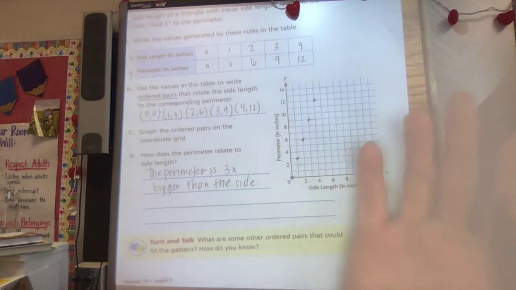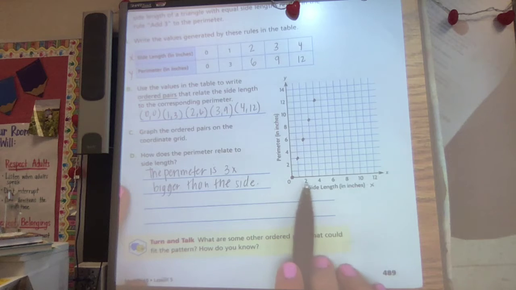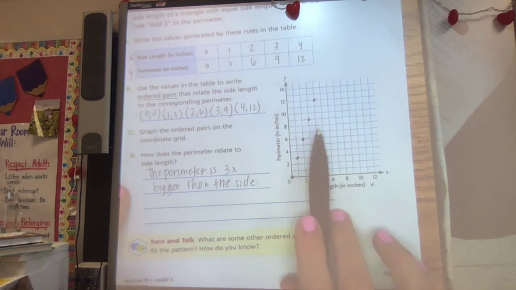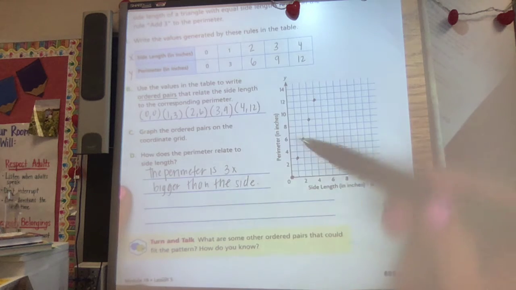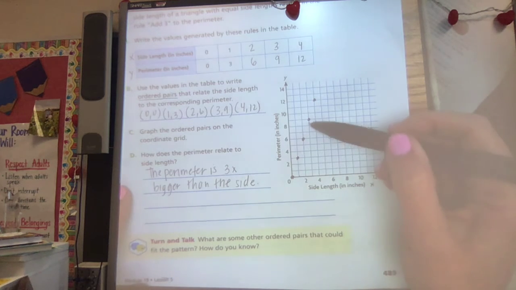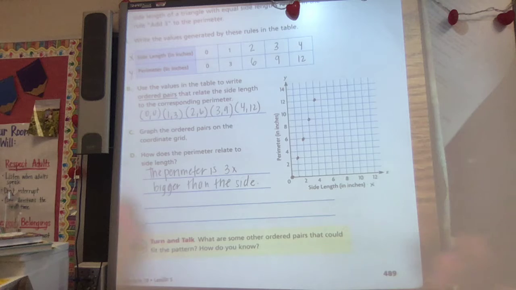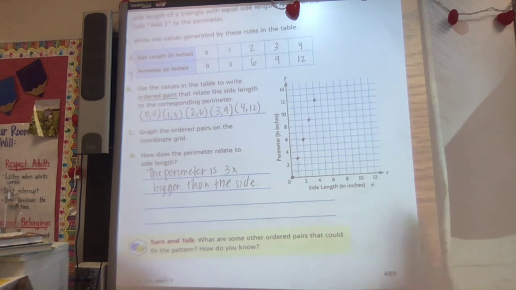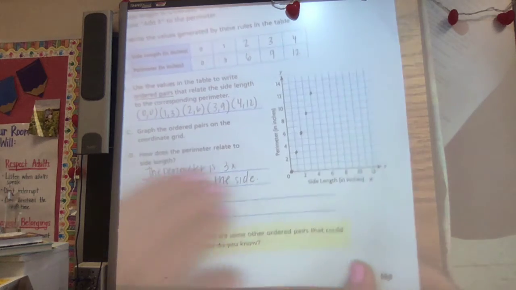Okay? So that's what we'll do. We make sure that we go right for X and up for Y. Remember, we go right, up. Our points are at the intersections of those lines, not in the middle. Unless we needed to do that, which we'll talk about later. But right here, they needed to be in the middle.